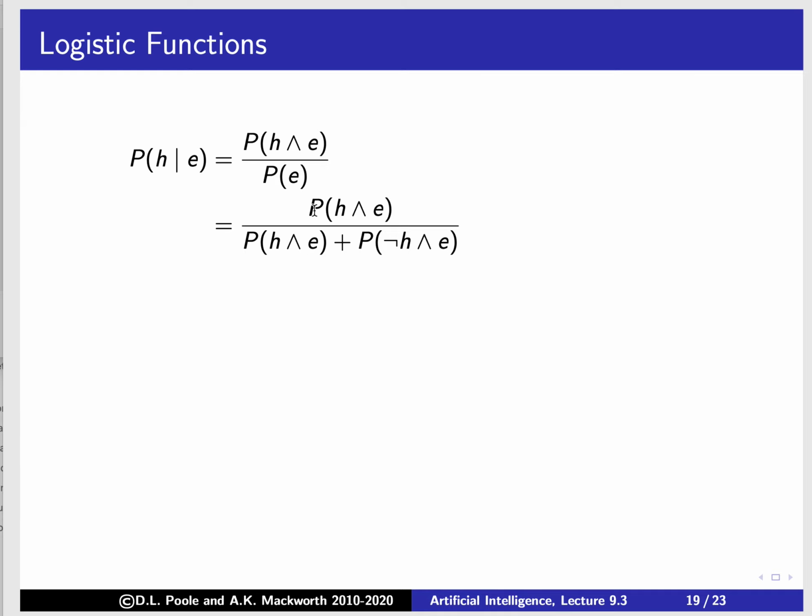These two together form E, and they're exclusive, so I can add them. Now a good thing to notice is that this is the same on the top and the bottom. So to simplify things, we're going to divide by the probability of H and E, and we get 1 over 1 plus the probability of not H given E divided by the probability of H given E. And then we're going to do something very weird.